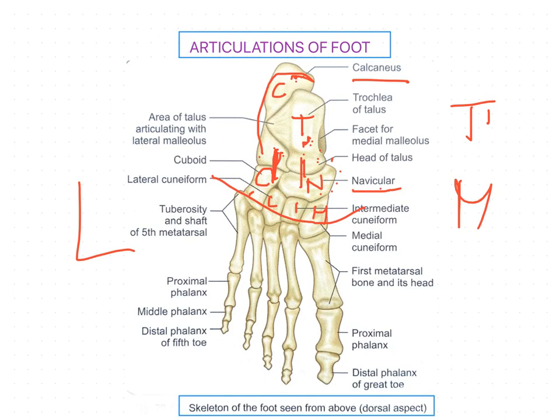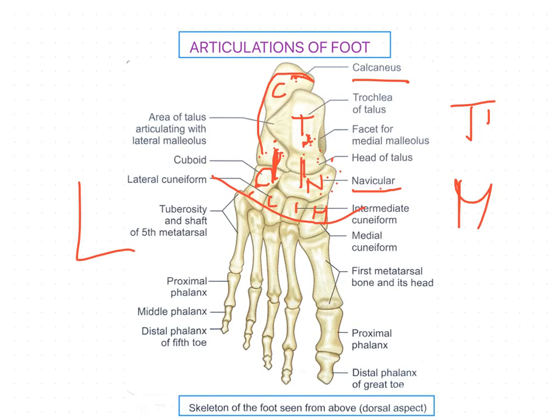Now again we will see the joints. We have finished the talus. Below the talus we find the calcaneum, and anterior to these bones we find medium sized bones called the navicular on the medial aspect and the cuboid on the lateral aspect. With these four bones some joints are formed. The talus superiorly articulates with the tibia and fibula, forming the ankle joint.